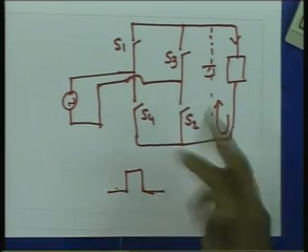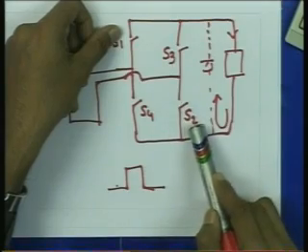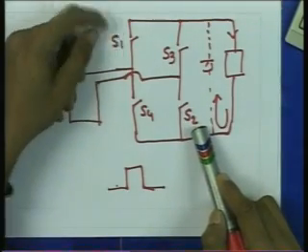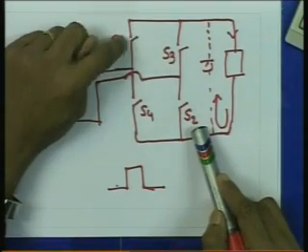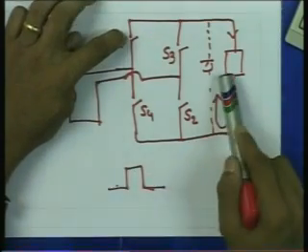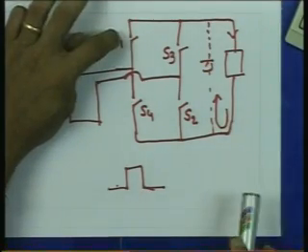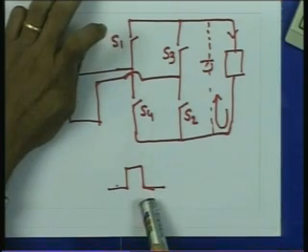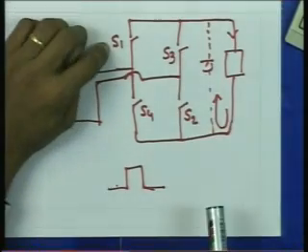So, in the positive half, I will permanently close S2. Whenever the control circuit says to supply power to the load, I will close S1, and when the device has to be turned off, I will open S1 only and close S3.